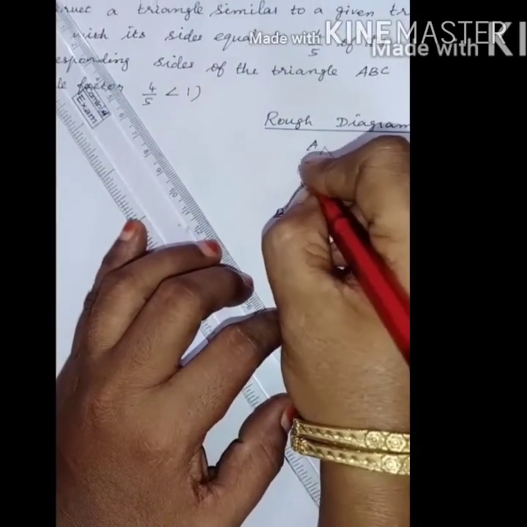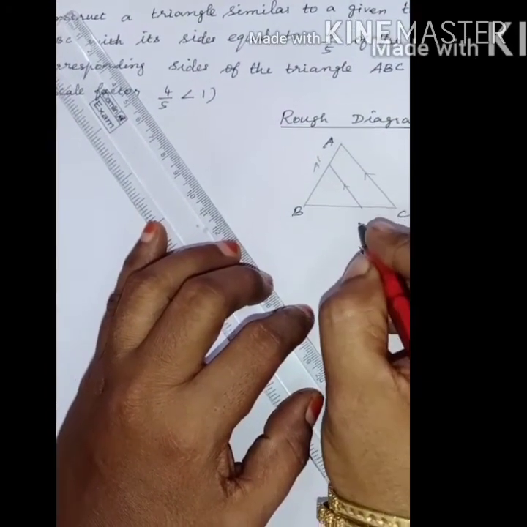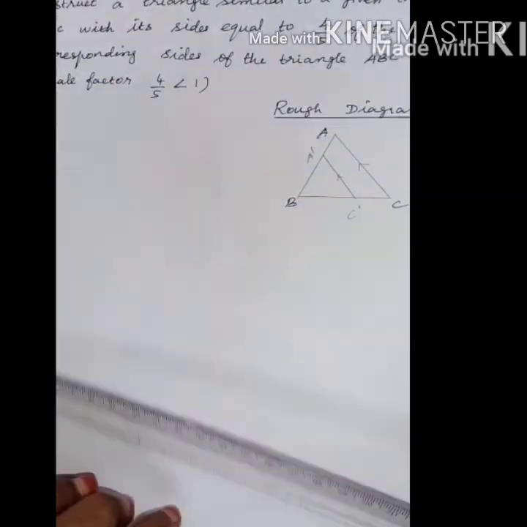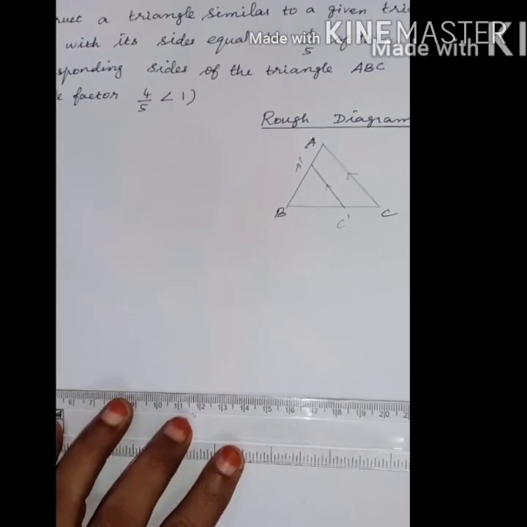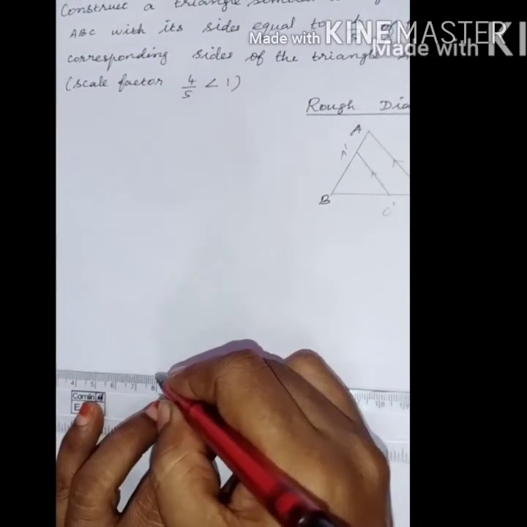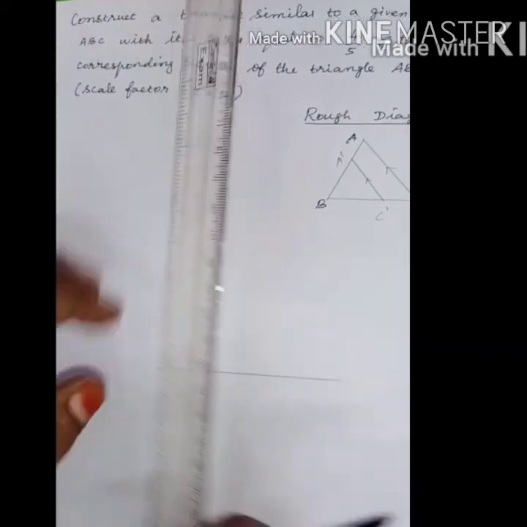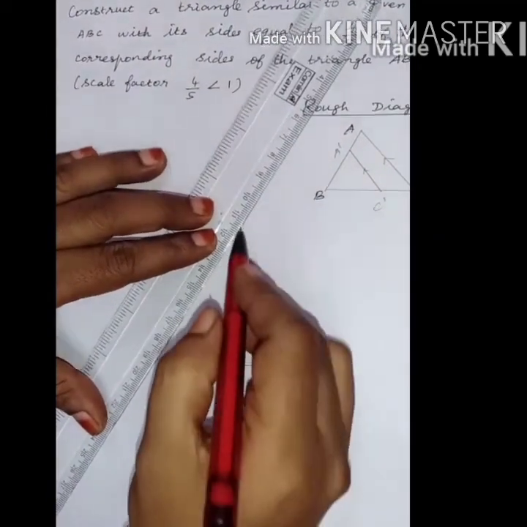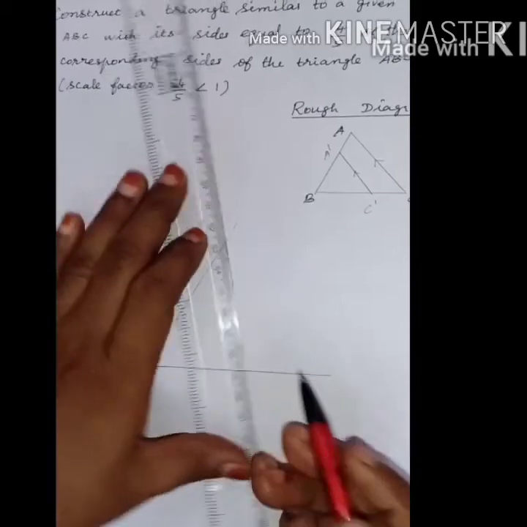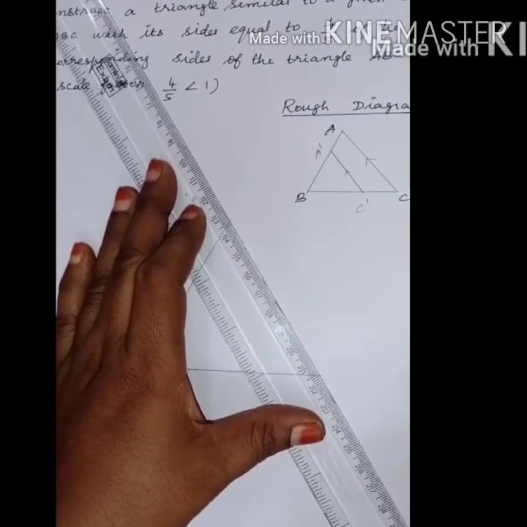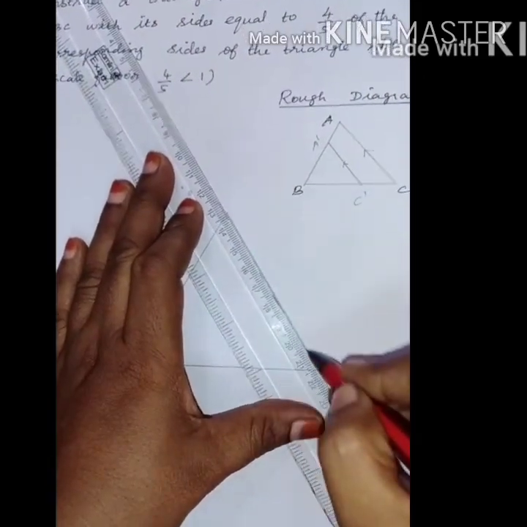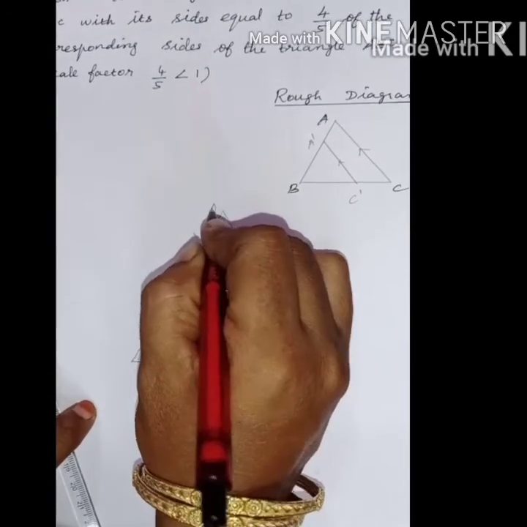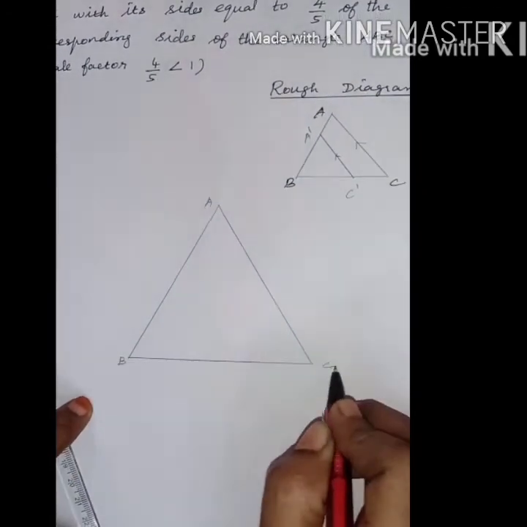This is A dash, this is C dash. Approximately, you draw any triangle and name it A, B, C.